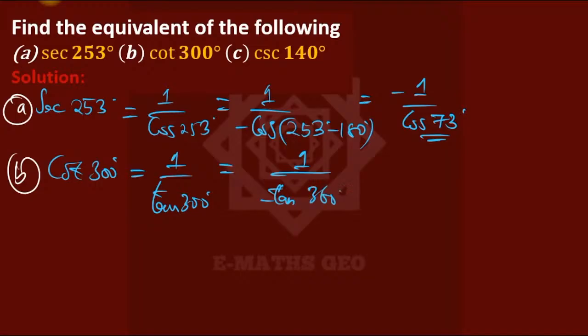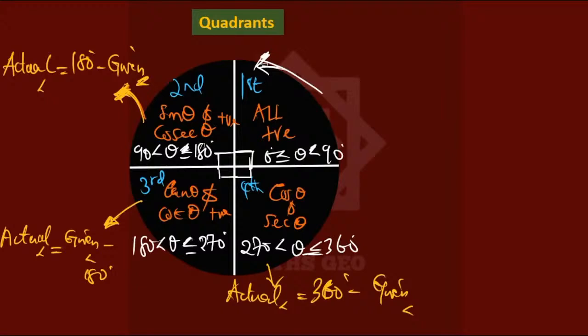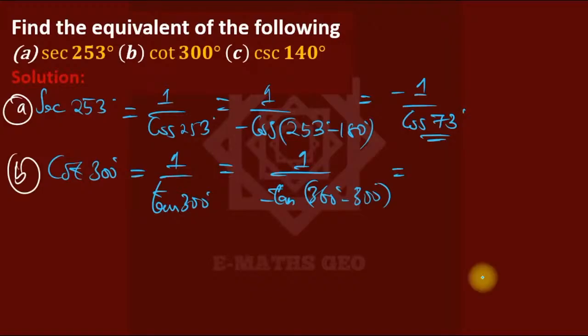So we now use 360 minus the given angle, 300, using our formula. The actual angle is 60. So the answer is minus 1 over tan 60. For now, we don't know the value of tan 60. We'll still do it later.